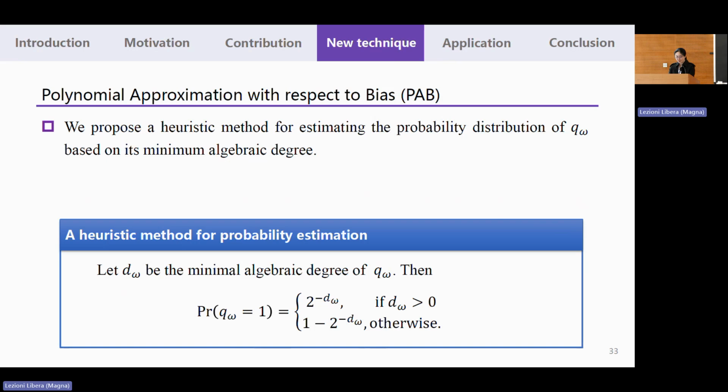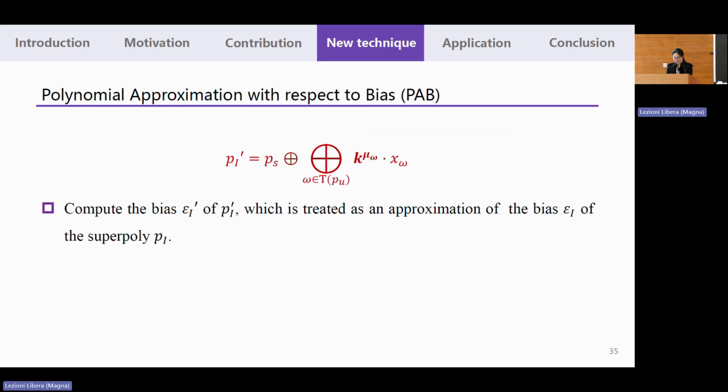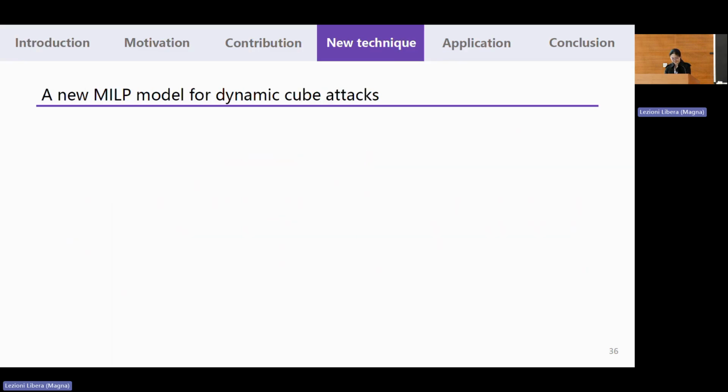Based on this algebraic property, we propose a heuristic method for estimating the probability distribution of q omega. Set the following probability distribution to the new variable x omega. Then it's easy for us to compute the Bayes of Pi prime, which is treated as an approximation of the Bayes of the superpoly Pi.